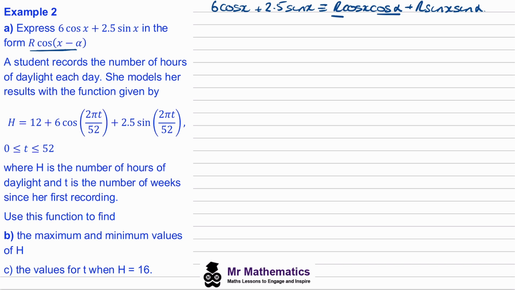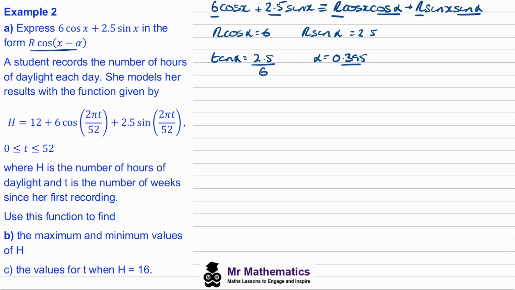So the r cos alpha will equal 6, and the r sine alpha will equal 2.5. So we can work out alpha as the sine divided by cos. We'll take the arctan on both sides, and alpha works out to be approximately 0.395 radians.